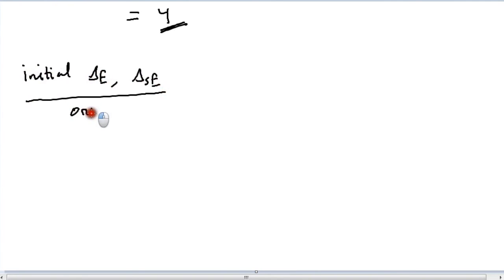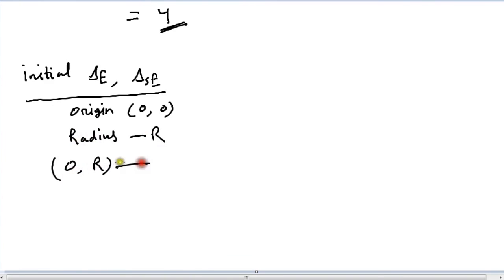If our origin is at 0, 0, remember we always do our calculations by thinking our origin is at 0, 0, and our radius is r, then our initial XP, YP is nothing but 0, r, as I explained in the previous video.